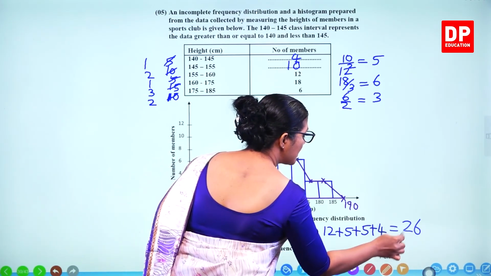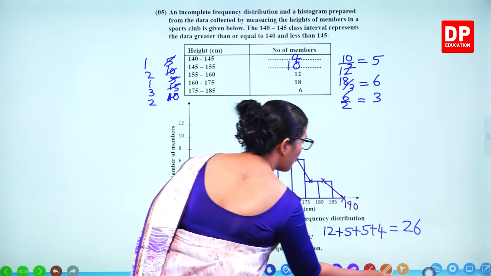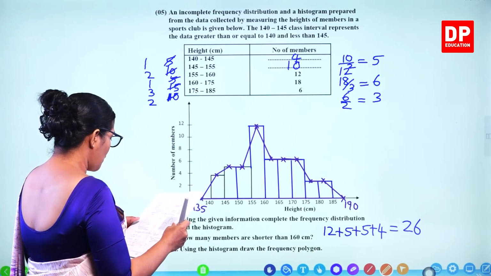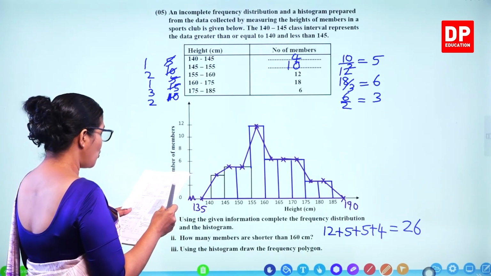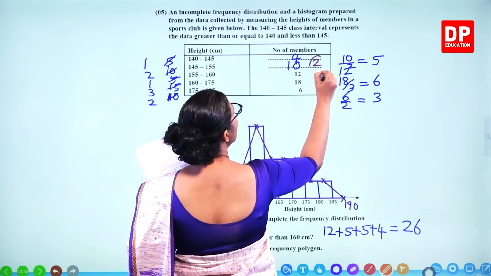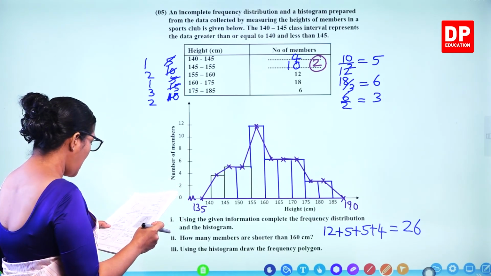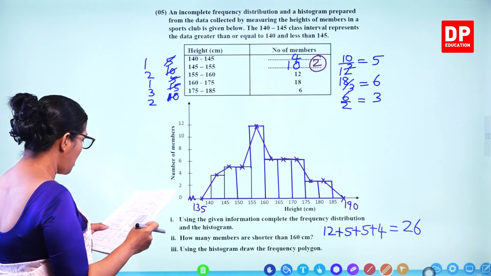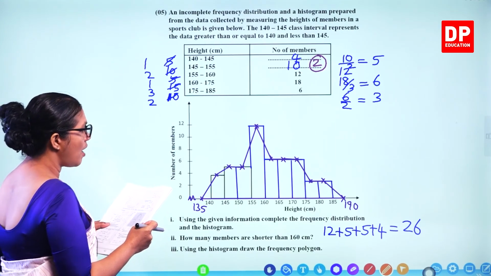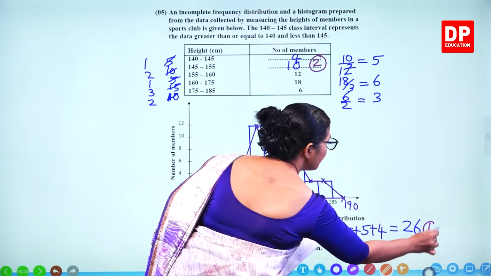Frequency polygon. Now we'll see how many marks for each step. So you get 4, 10, just 2 marks. Finding the members, 2 marks. And 1 mark for 26.